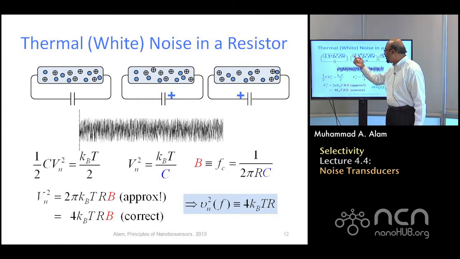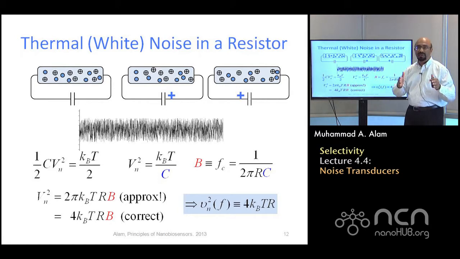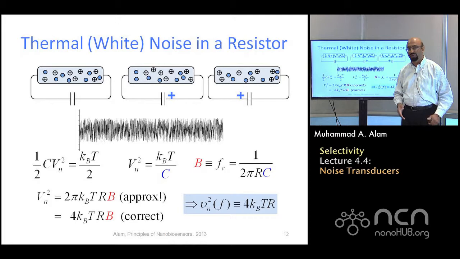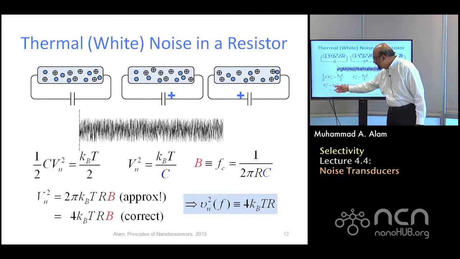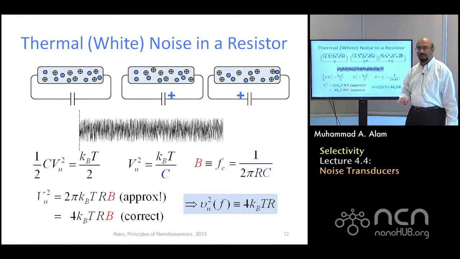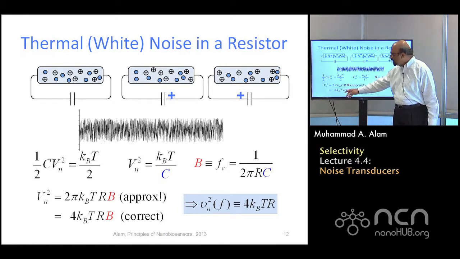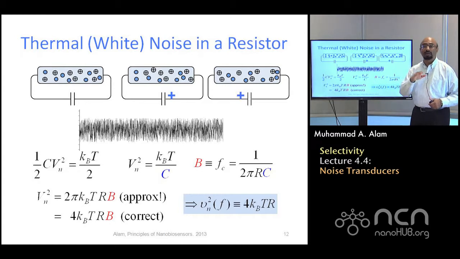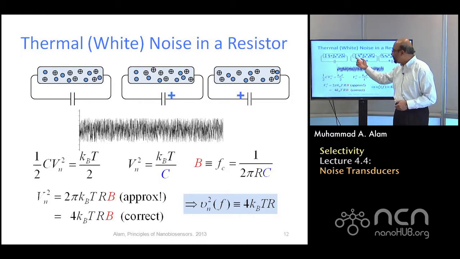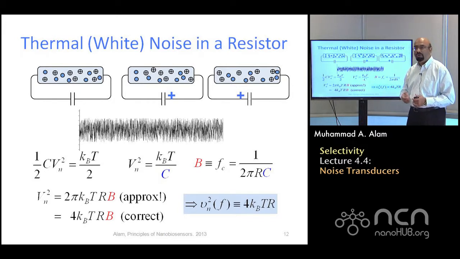And the resistance associated with it, and the bandwidth, meaning the range of frequencies that we are interested in. Now, if you do a real calculation, instead of 2 pi, which is about 6 or so, we'll have 4. But other than that, as soon as you know the resistance, other things are very easy to calculate, and you can say how noisy your particular resistor is going to be.